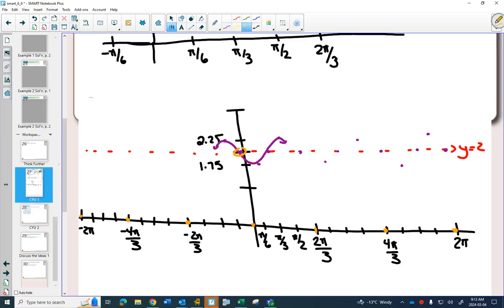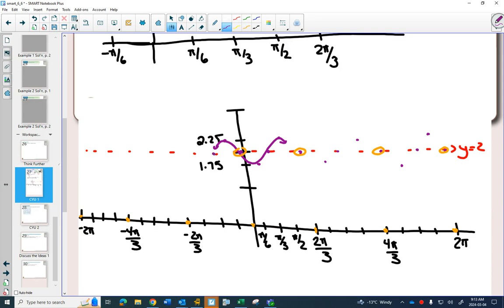And one of the things I can do as a check is that at those orange sections that I labeled, I should be in the middle going down. So again, I have to go backwards now and still do the same thing.